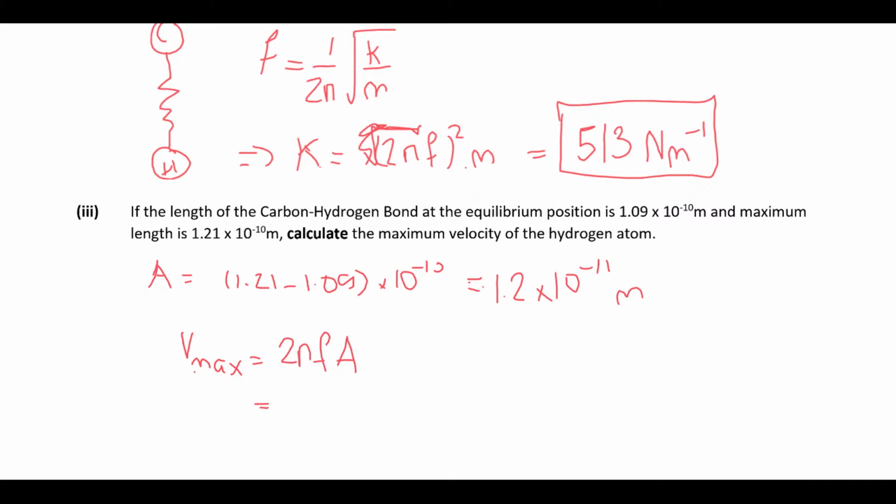And that's giving us 6.65 times 10 to the 3 meters per second. So it actually ends up moving pretty quickly, and that would be at the equilibrium position where it has maximum velocity. All right, so that's the lower level questions. Let's move up to something a bit more challenging.